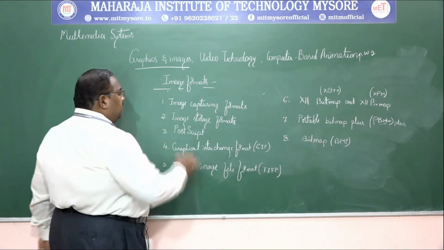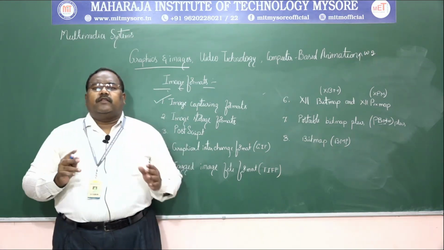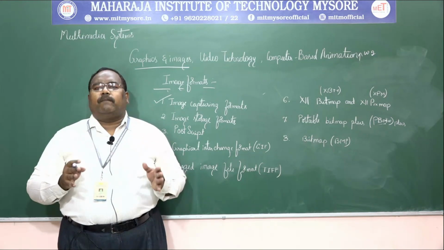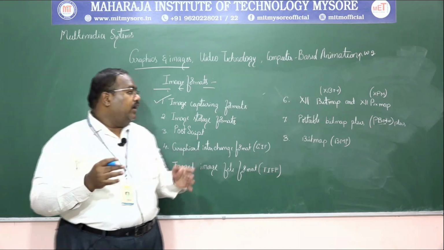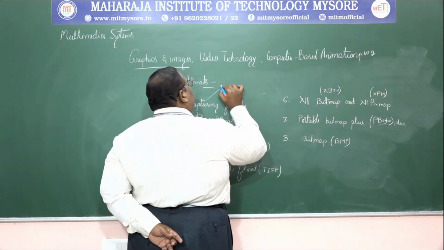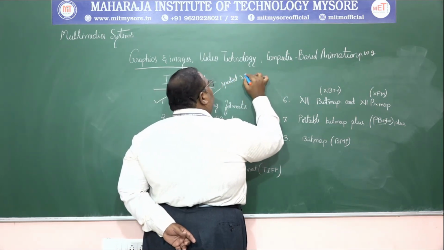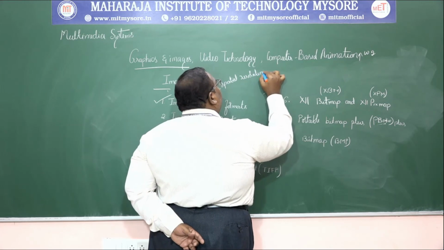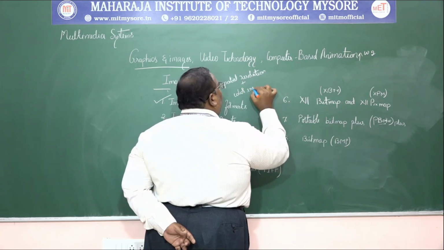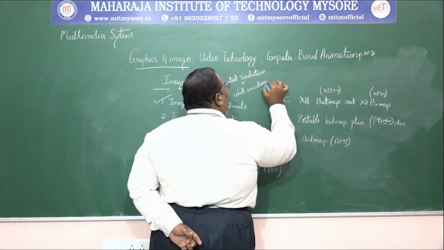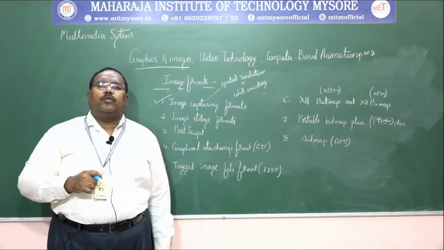So what is this image capturing format? When we talk about image capturing, the format of an image is defined by two parameters. One, the spatial resolution, and second, the color encoding. So these are the two important parameters that we consider when we talk about the image format.